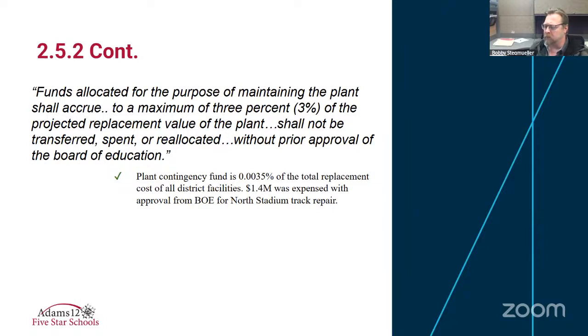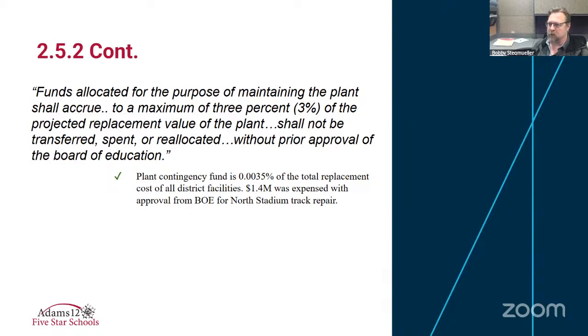One thing to note is that we did use 1.4 million of that for part of North Stadium, approved by BOE within that period. Again, Aaron, if you want to have color commentary on it, the way I always understand this one is that this is basically to keep districts from keeping a huge amount of fund balance, constantly recycling these funds, so it's not just sitting there.